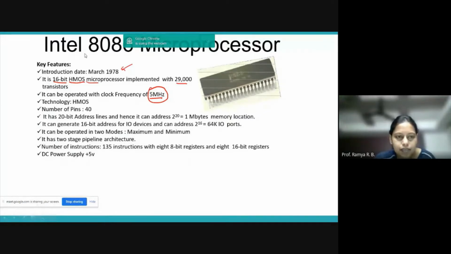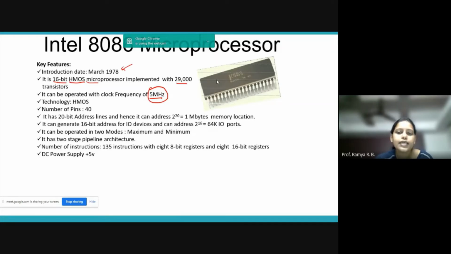These are some basic hardware features. Now, coming to the important features: it has a 20-bit address line and hence can address 2 power 20, which is 1 MB of memory locations. Keep this point in mind.